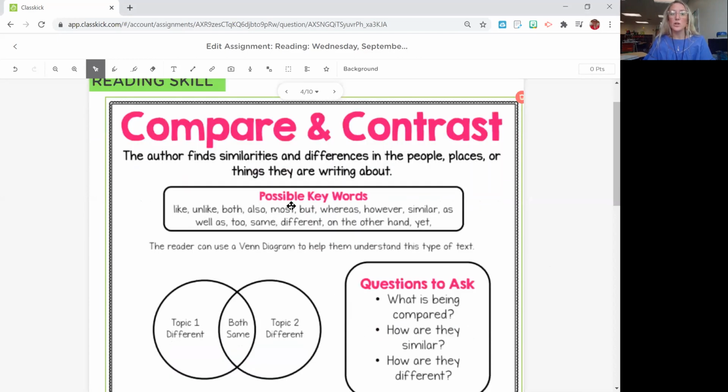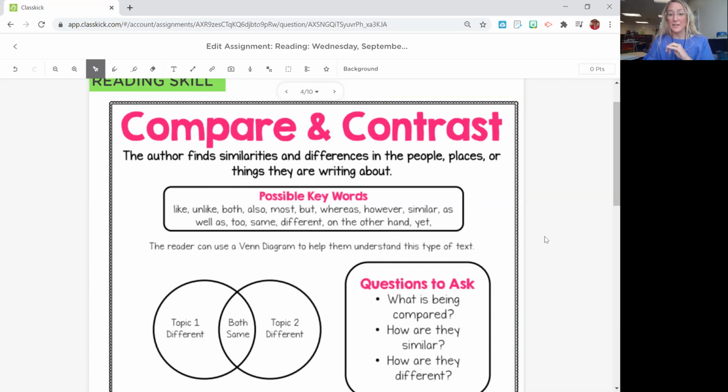They use words like these key words in the box: like, unlike, both, almost, most, but, whereas, however, similar, as well as, too, some, different, on the other hand, and yet. Those are all words that help an author compare and contrast two or more things.